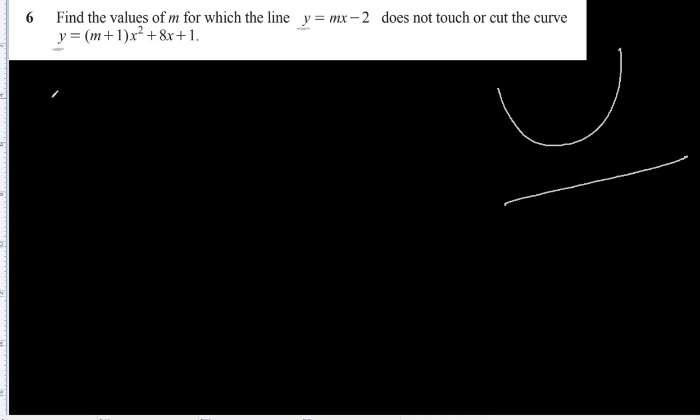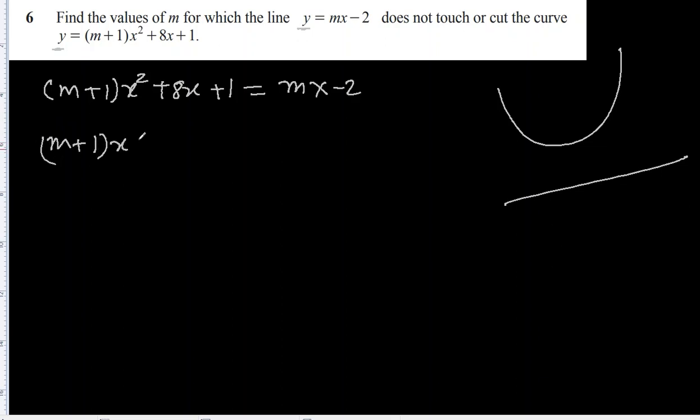So we will equate the two. So m plus 1 x square plus 8x plus 1, that is the curve's equation, will be equal to mx minus 2 because both are equal to y. And now let's make this one quadratic expression. So m plus 1 x square plus 8x, and let me write minus mx after that, plus 1, and let me write plus 2 after that.